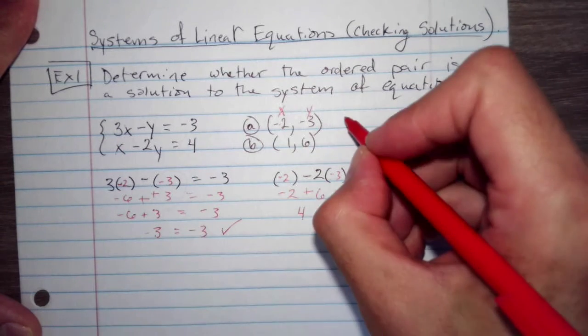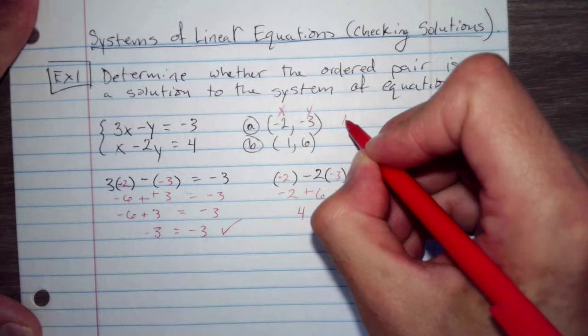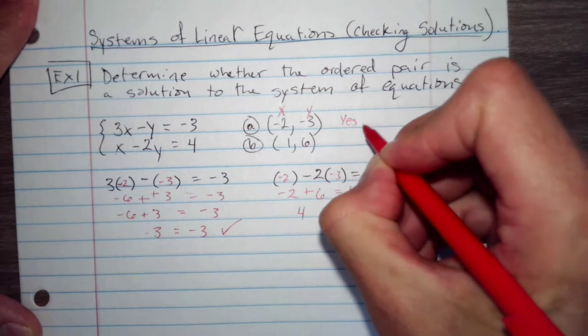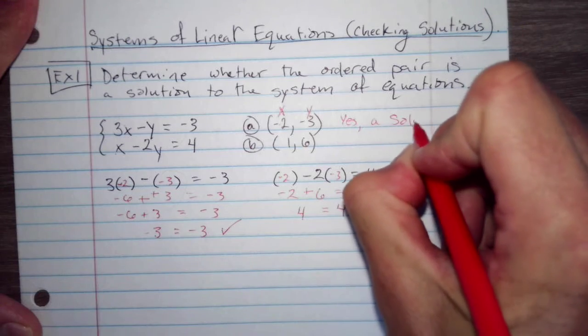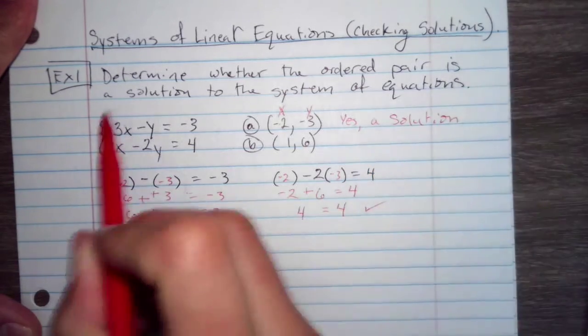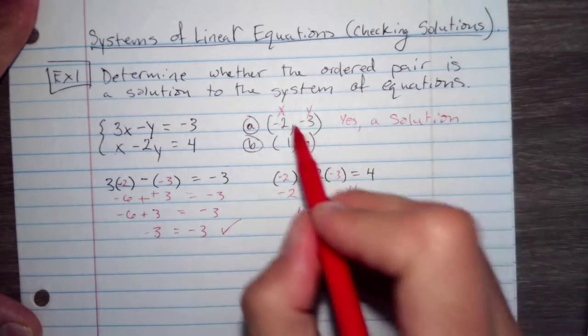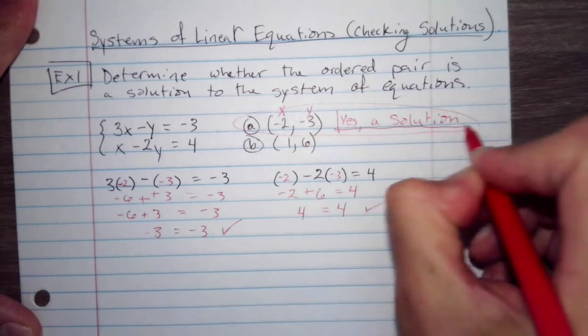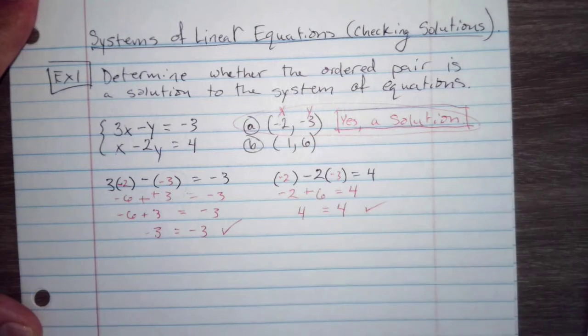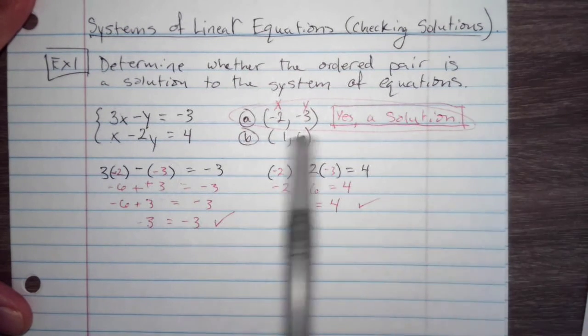Since this ordered pair satisfied this equation and this equation, we would say yes, it's a solution, because we're determining whether it's a solution or not. So for part A, yes, that's a solution. Okay, now let's check the second ordered pair.